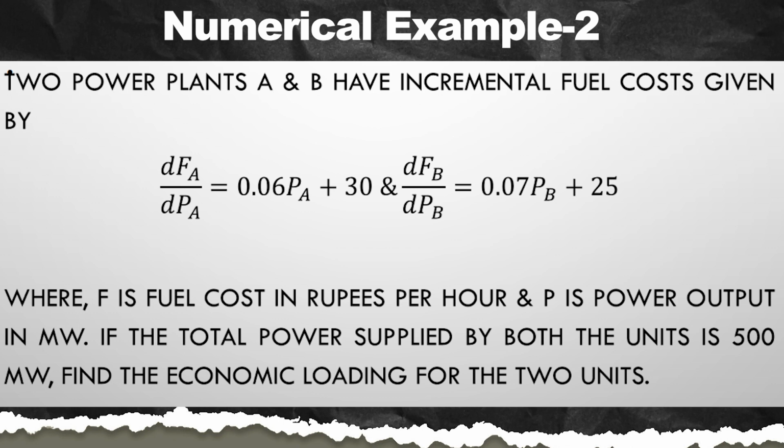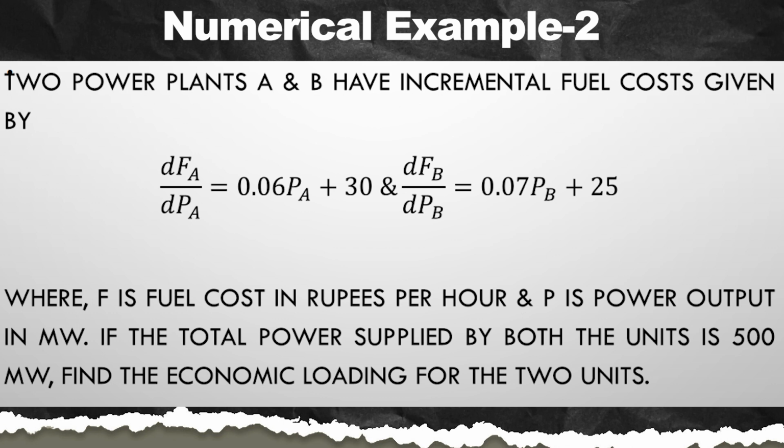For power plant A, dFA divided by dPA is the incremental rate of power plant A, and in a similar manner this is the incremental rate for power plant B, and P is the power output in megawatt.